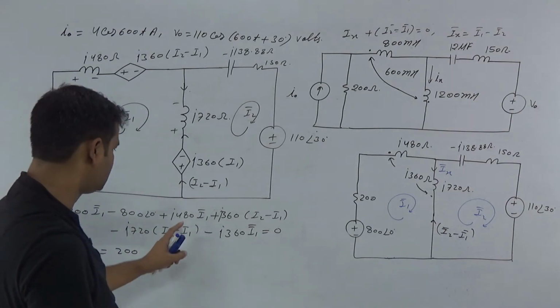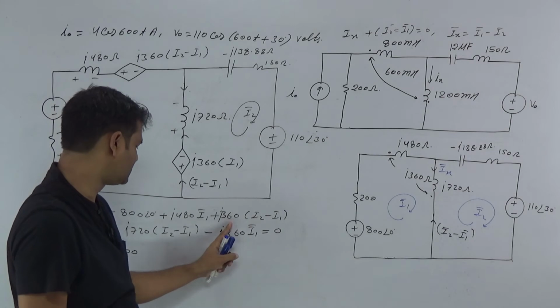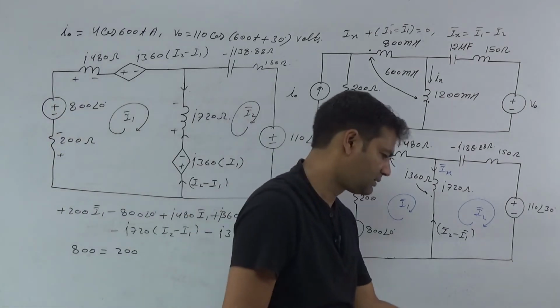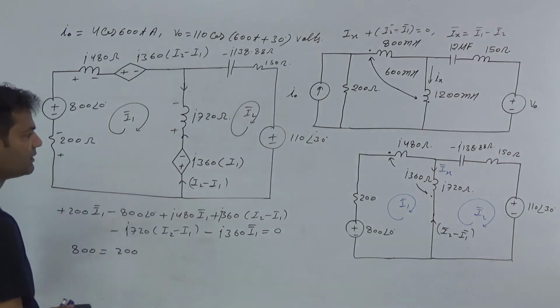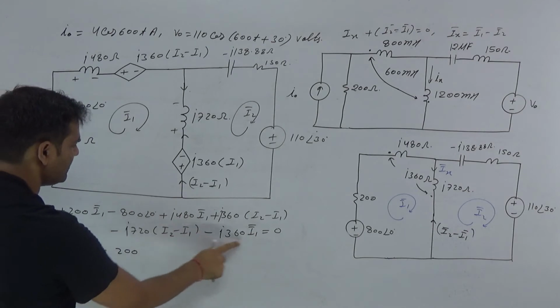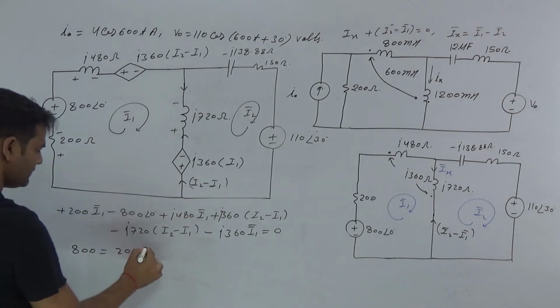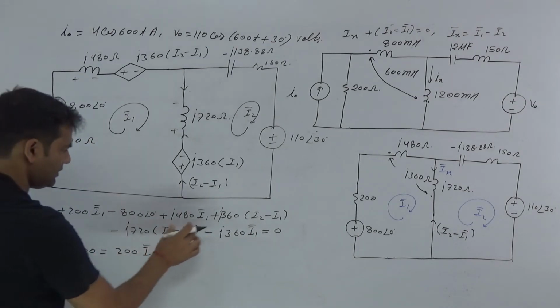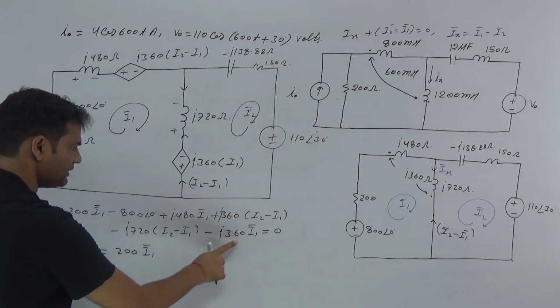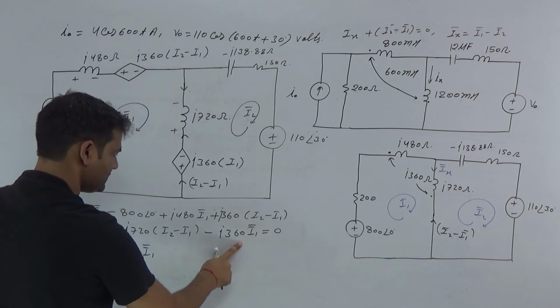Okay, that is 380 minus 360, that is 120. Better to write first of all, sign convention is clear, plus minus to plus, clear. Now that is I1, first of all make it. Okay, now after that this one, this one, this one, and this one, that is 360. This one and this one are cancelled out.